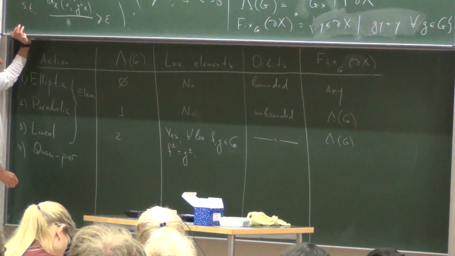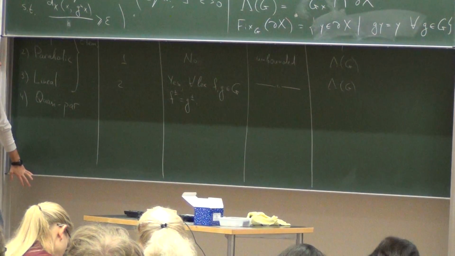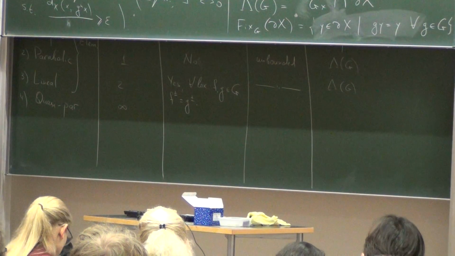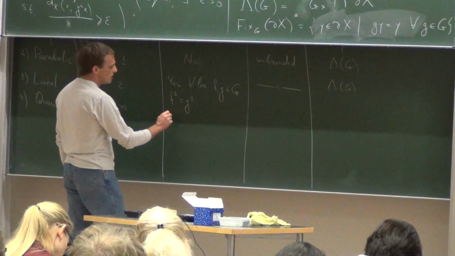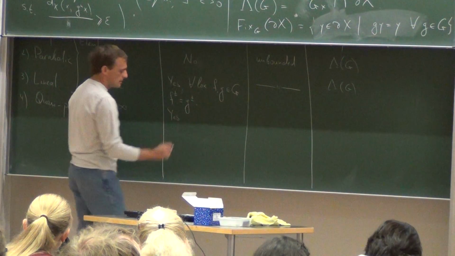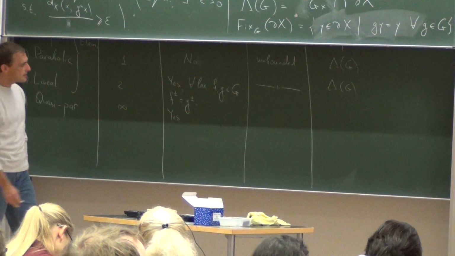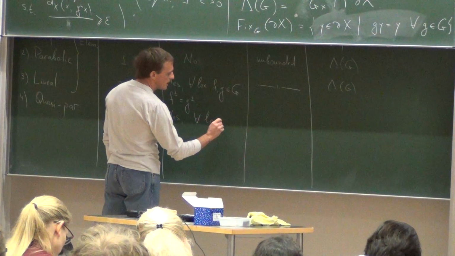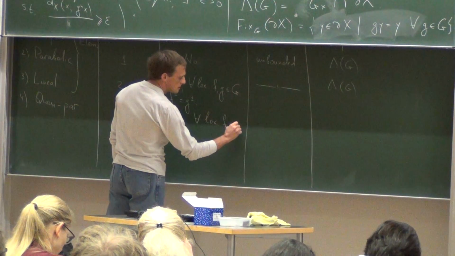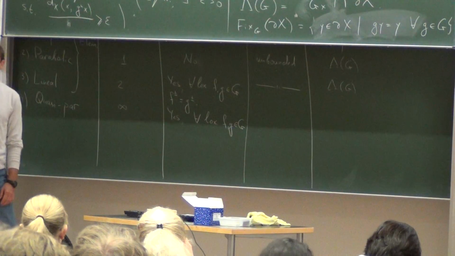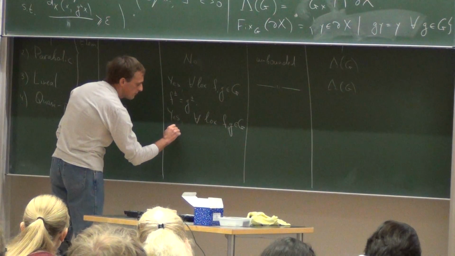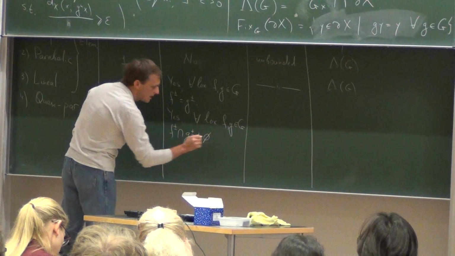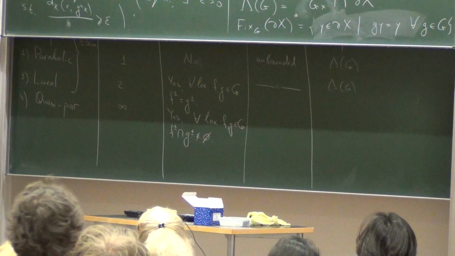And the quasi-parabolic action, so here we have infinitely many limit points. Now there are loxodromic elements, but for any 2 loxodromic elements, they are dependent, which means that f plus minus intersects g plus minus non-trivially. There are no independent loxodromic elements.